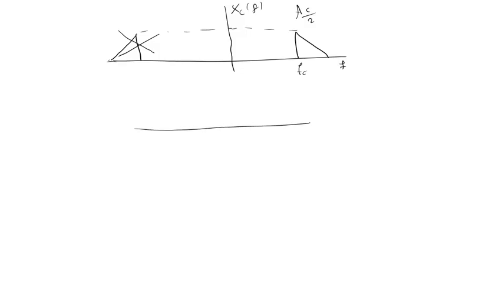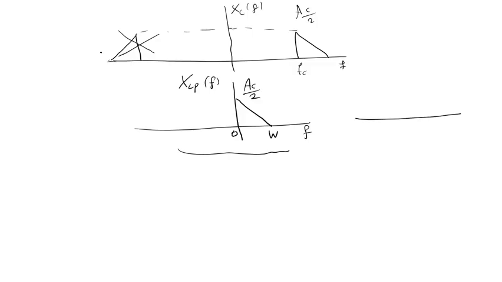So the low pass equivalent of the USSB signal is this, from 0 to W with amplitude A_c over 2. This is X low pass(f). And I should build this based on the message spectrum. I should relate this to this one. How can I do this?